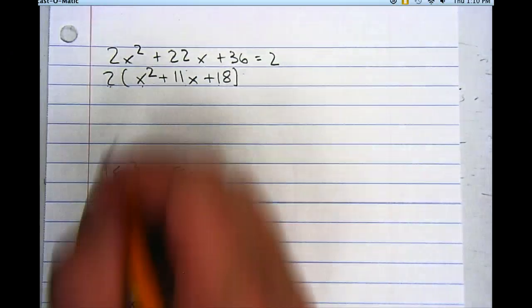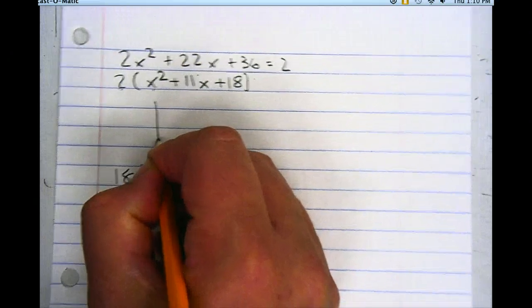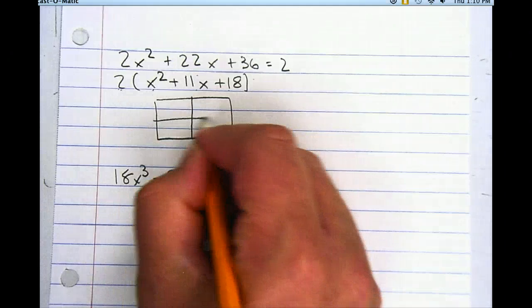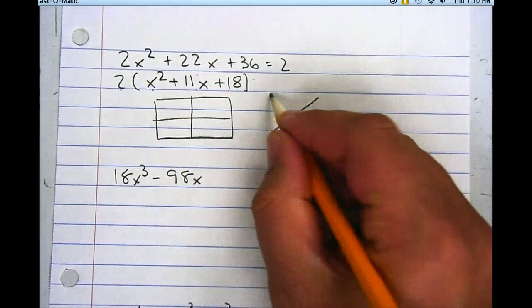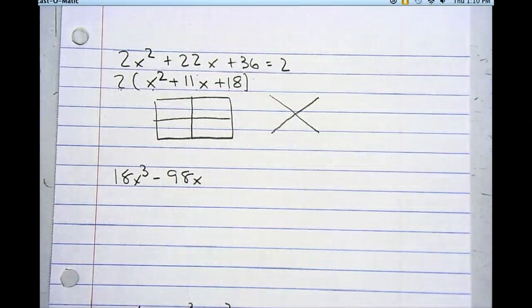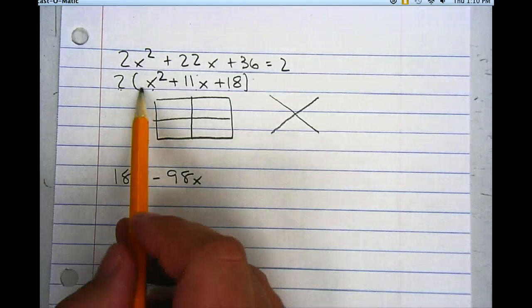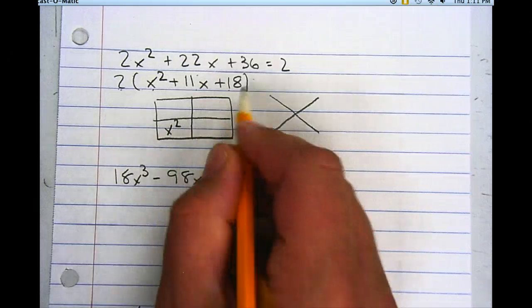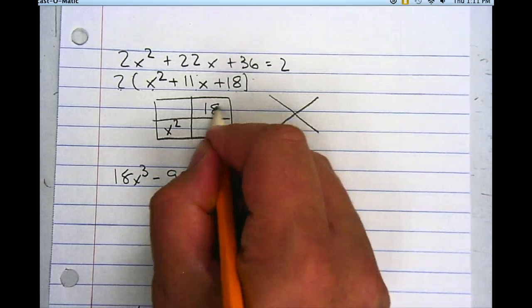And now I can use my diamond problems and generic rectangles to complete the factoring of this problem. So I always draw my diamond problem and generic rectangle, and I'm just going to use what's inside the parentheses. The x squared term goes in the bottom left. The third term, or the number, goes in the upper right.